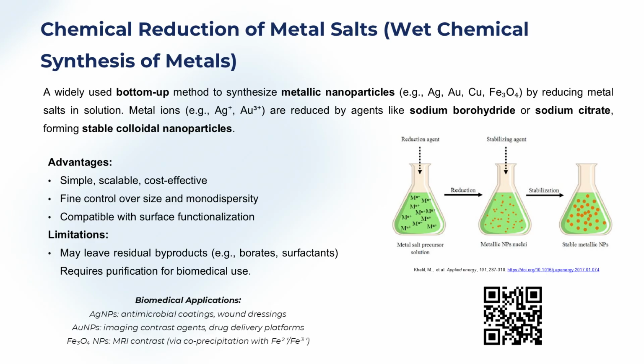The advantages are that this method is simple, scalable, and cost-effective, it has fine control over size and monodispersity, and it is compatible with surface functionalization, although it also has some drawbacks. It may leave residual byproducts like borates or surfactants, and as a result, it requires purification for biomedical use.